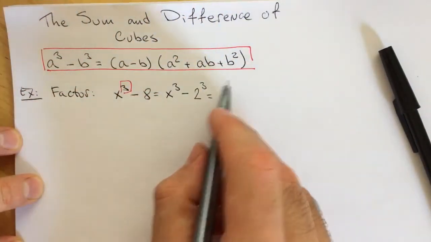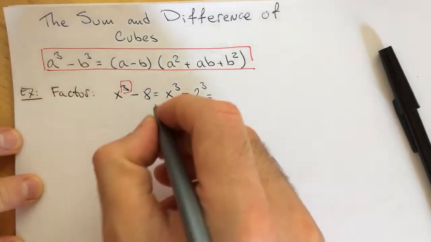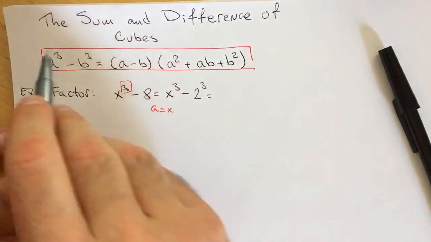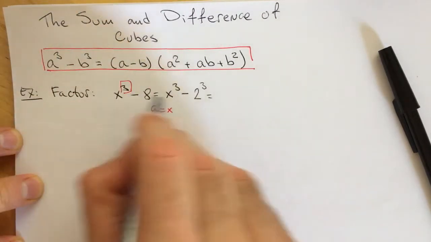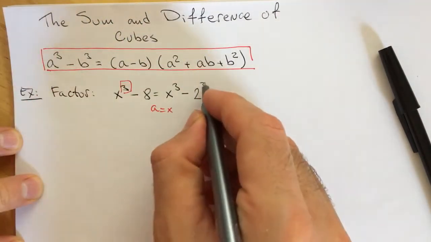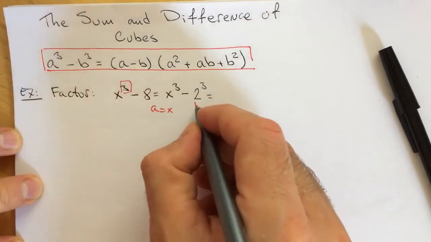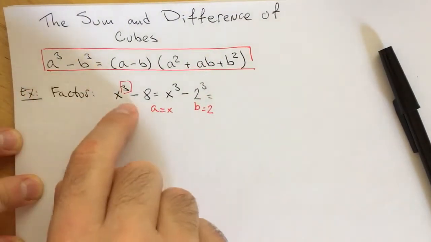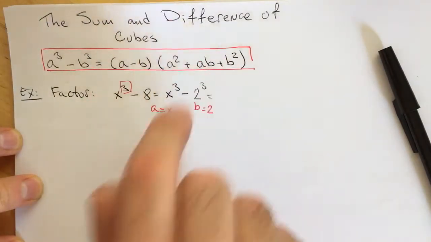And I'll just identify how much is your a and how much is your b. Well, a is your x, right? x cubed is a cubed, minus 2 cubed, and here you have b cubed, so your b is 2. Once you have a and b for this particular problem, just follow this formula.